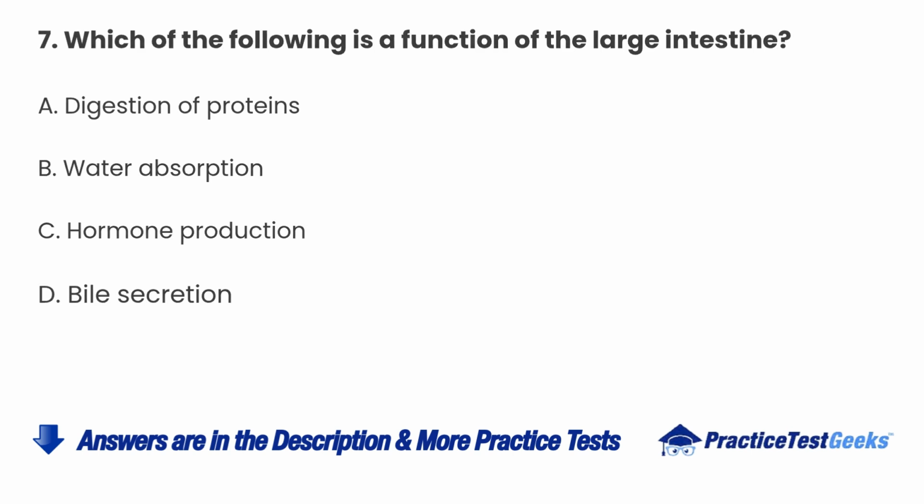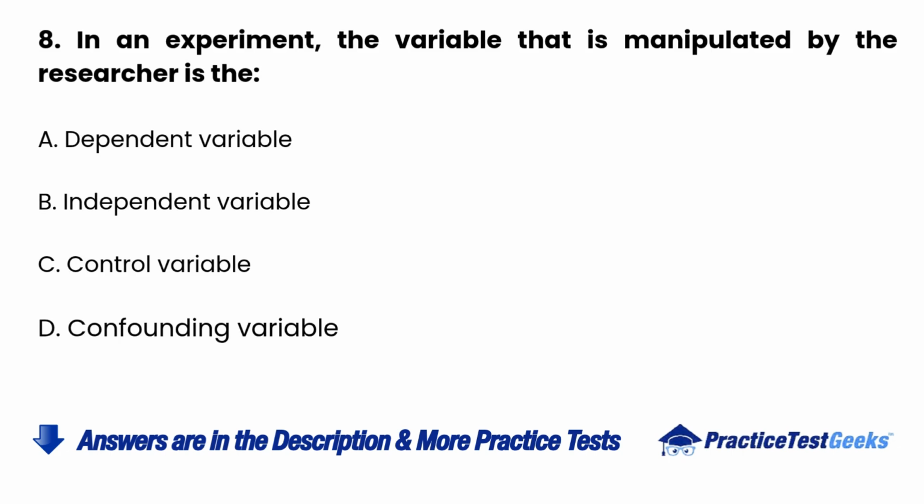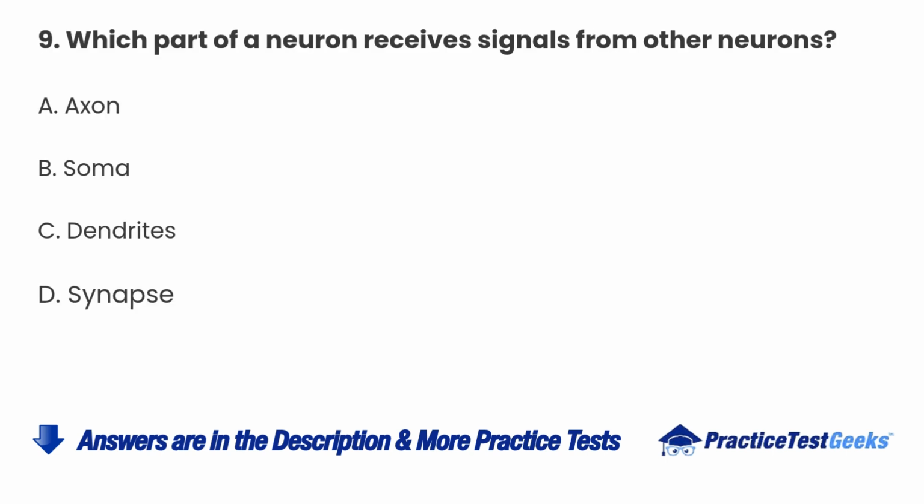D. Bile secretion. 8. In an experiment, the variable that is manipulated by the researcher is the A. Dependent variable. B. Independent variable. C. Control variable. D. Confounding variable. 9.